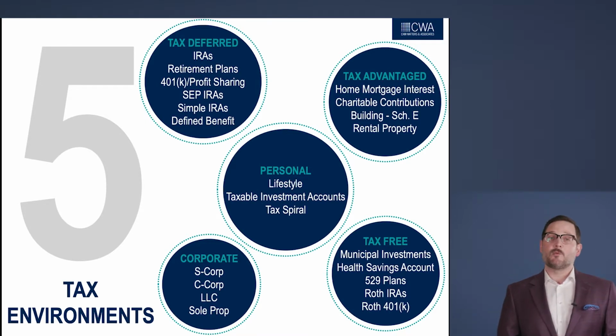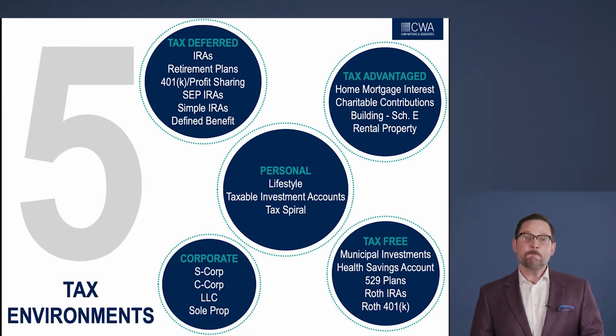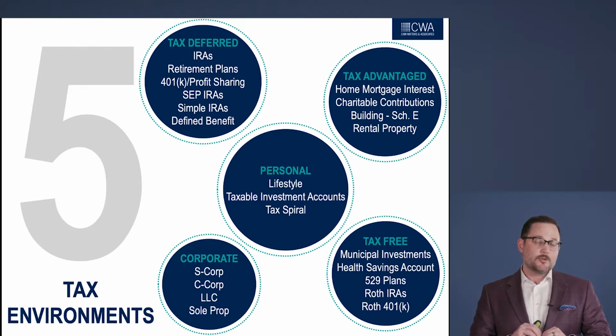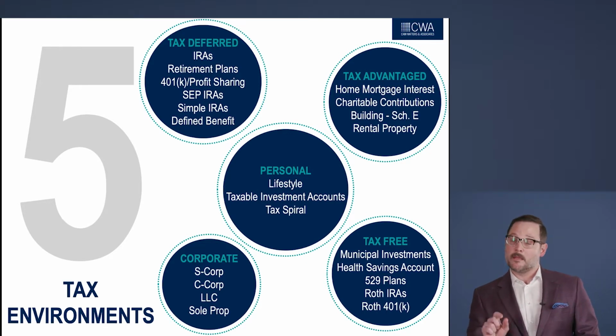The second way is what we call a backdoor Roth, okay? Now, while the IRS says that if you have a certain amount of income you can't contribute directly to a Roth IRA, about 10 years ago, they removed the income limitation for converting to a Roth IRA.